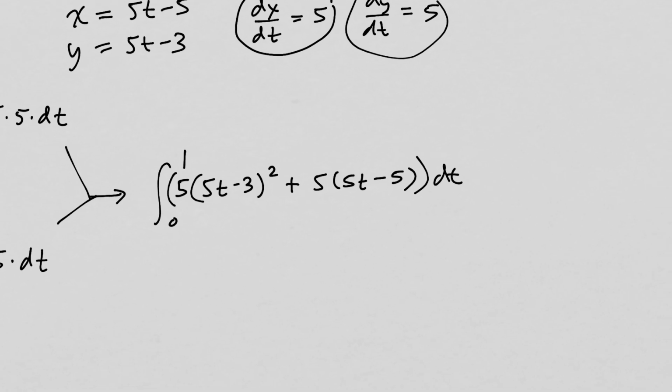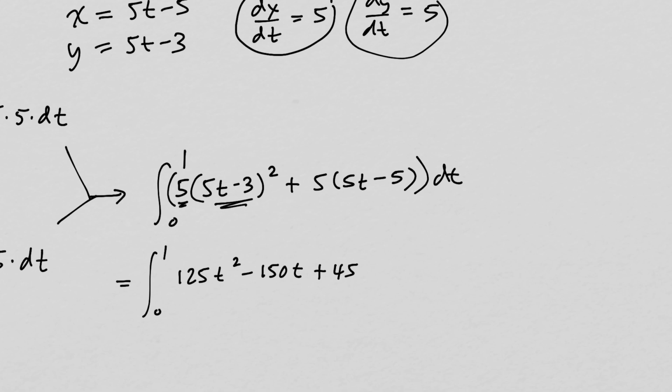So now we just have to perform this integration. Let's multiply this out and simplify here. We have the integral from 0 to 1. We're going to have 125t squared minus 150 times t plus 45. So that's what you get when you FOIL this and then multiply by 5.